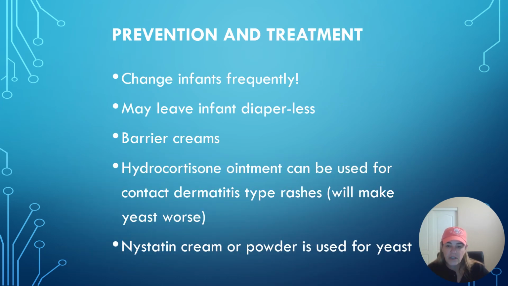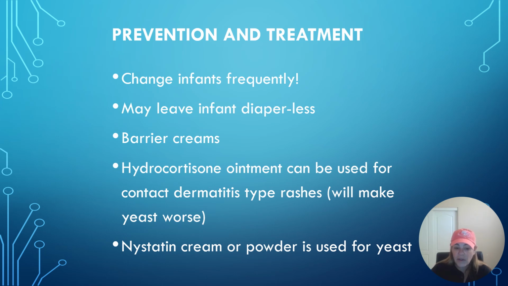So for prevention and treatment of diaper dermatitis, change frequently. Usually the standard is that we should be checking the diaper at least every 2 hours to see if it's wet, and when we notice that it is wet, we should change the diaper. Make sure that we clean all of the feces and urine off of that skin when you change the diaper.